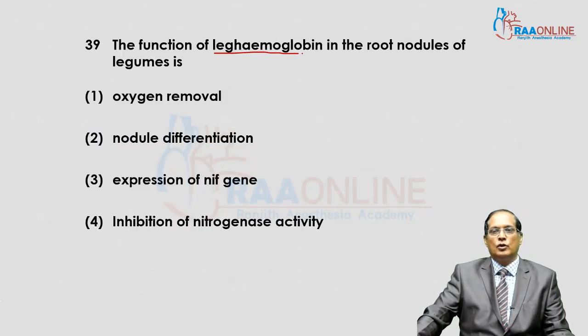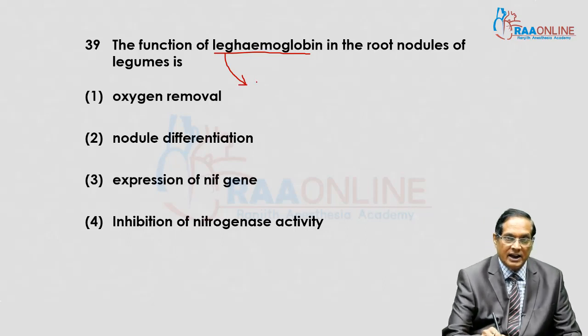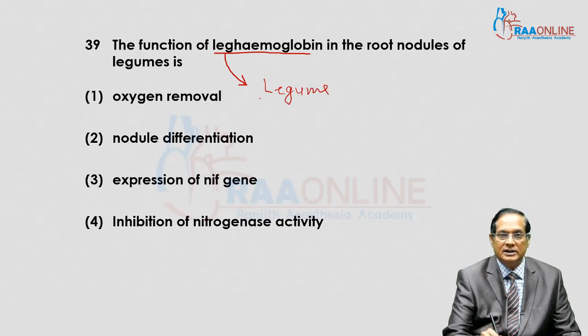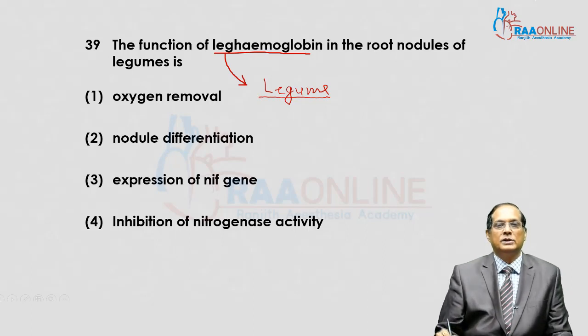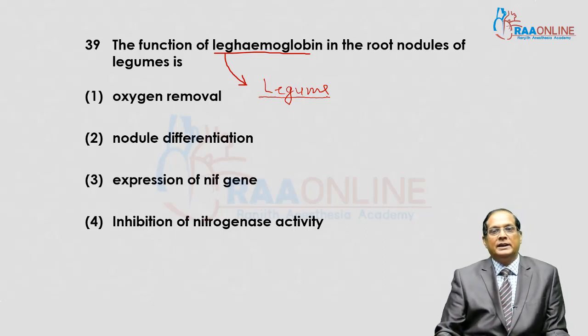Leg hemoglobin, a pink colored pigment. Here leg indicates concern with legumes, leg for legume, because it is found in nodules of leguminous plants, and they are pinkish due to the presence of leg hemoglobin.